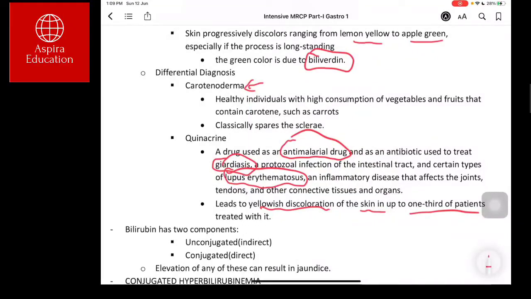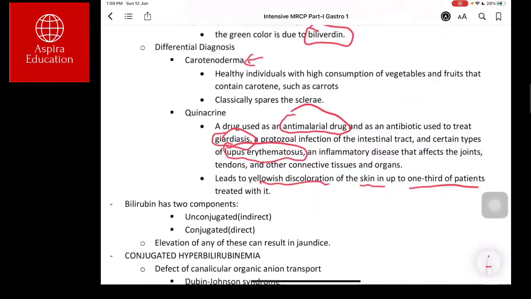So, if you suspect that your patient could have a drug related or a diet related discoloration of the body, then only two differential diagnoses should come to mind. One is hypercarotenemia, also known as caroteninemia, and the second is quinacrine toxicity or quinacrine effect.